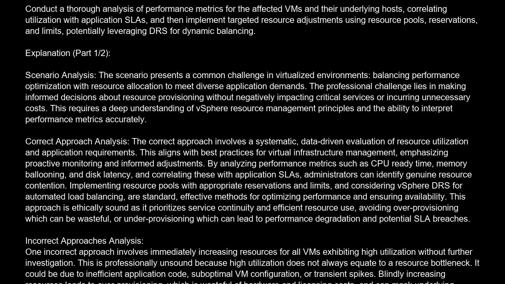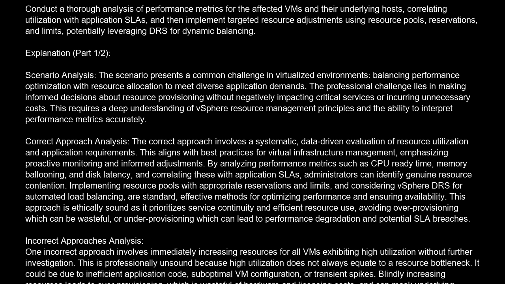Implementing resource pools with appropriate reservations and limits, and considering vSphere DRS for automated load balancing, are standard, effective methods for optimizing performance and ensuring availability. This approach is ethically sound as it prioritizes service continuity and efficient resource use, avoiding over-provisioning which can be wasteful, or under-provisioning which can lead to performance degradation and potential SLA breaches.